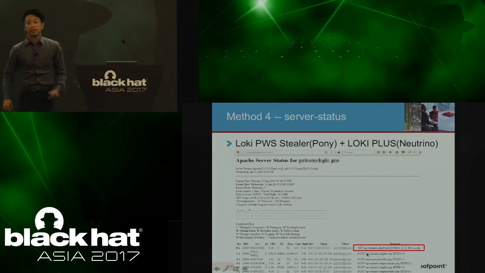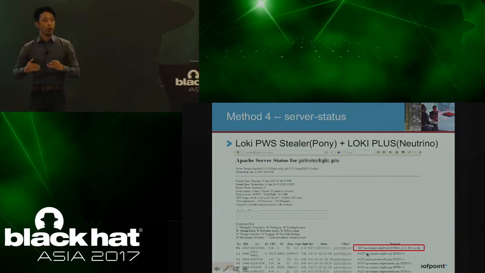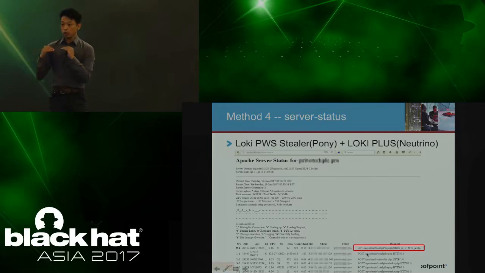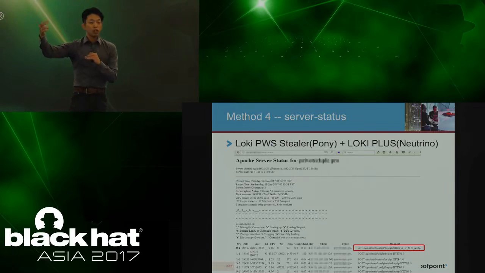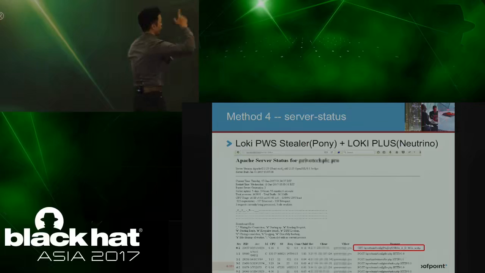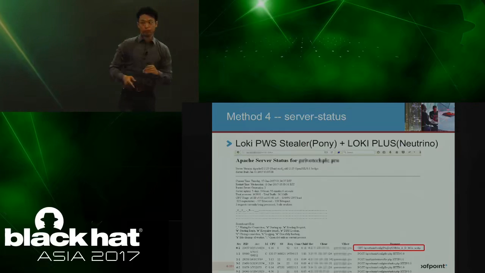So server status just lists out all of the HTTP requests to that server, right? We're going to assume that sometime the actor is going to log in to a command and control panel somewhere and click on some buttons, and those buttons are going to trigger HTTP requests back to their server, and those requests are going to get logged in their server status module.